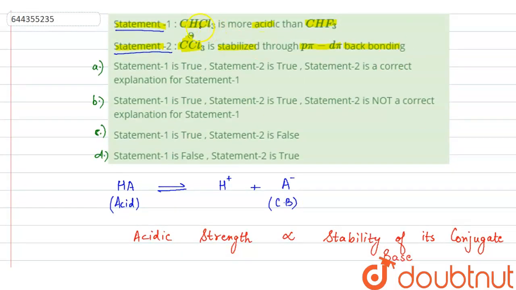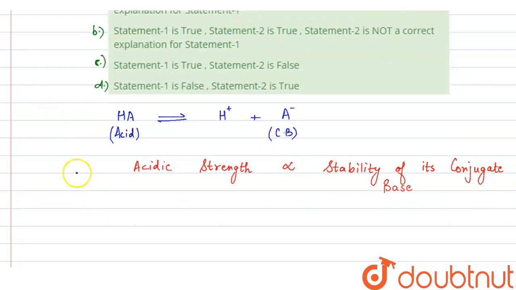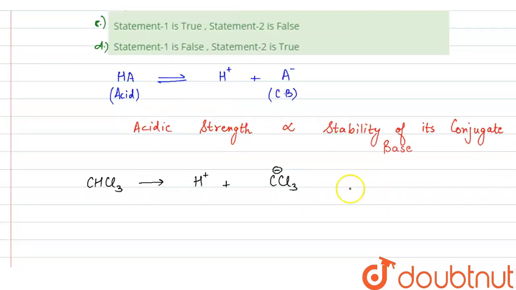More is the stability of conjugate base, more will be the acidic strength. Now we have here CHCl3 and CHF3. When we take CHCl3, when it will lose a proton, H positive, it forms CCl3 negative. So here CCl3 negative is the conjugate base.